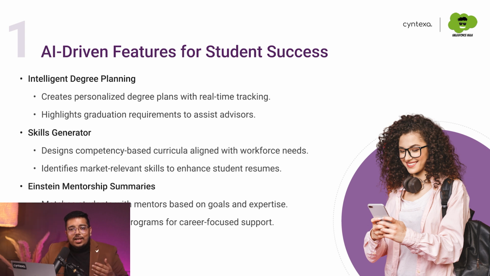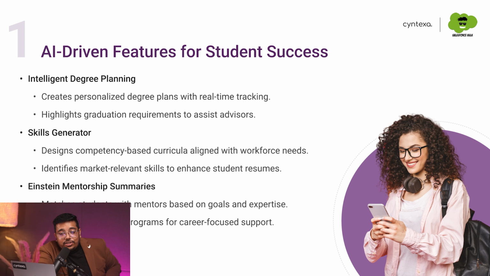So how do you do that? A skills generator understands what the student needs are, what the offerings from the course are, and what the market needs, and it generates skills so that it can inform the student, these are the skills you will be getting. Based on that, the student can decide whether he wants to get onboarded into this particular course or not. So that is possible with this.